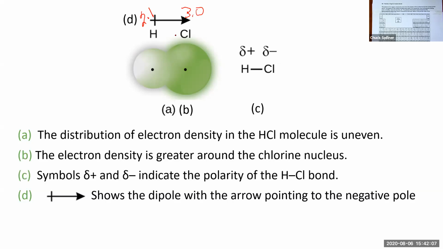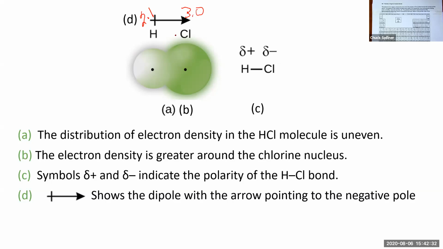So the symbols delta plus and delta minus indicate the polarity of the HCl bond. Because there is a greater electron density around the chlorine, we could say that's a partial negative charge. So it's not a full negative charge like a chloride ion, but it has pulled some of the electrons to it. There's greater electron density than the hydrogen. So the chlorine becomes partially negative.